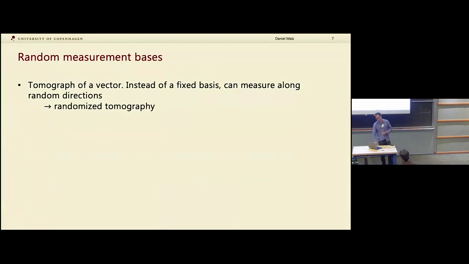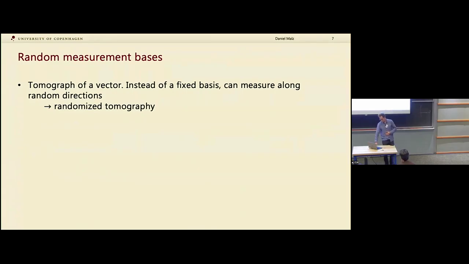One simple example: if I want to measure a vector or a state, I could take a basis and measure each of the basis elements one by one. But I could also just measure along random directions. If I take enough random vectors, they will in general be linearly independent and eventually span the whole vector space. And then I can also measure my vector, right? So this is randomized tomography.